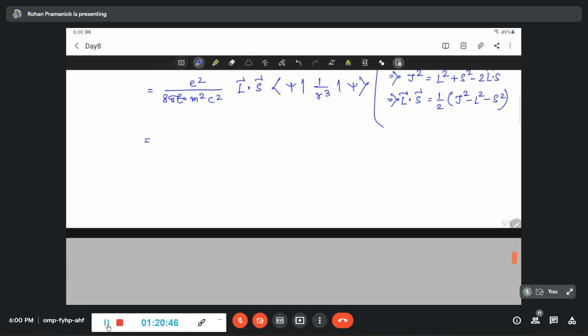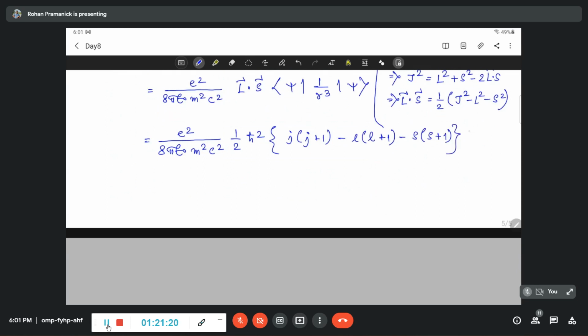So this gives you e squared by 8 pi epsilon 0 m squared c squared, there is a half, there is an h cut squared for every L squared, S squared and J squared, and this thing you have J into J plus 1 minus L into L plus 1 minus S into S plus 1, multiplied by this 1 by r cube. I will do this r cube, but let's simplify as much as we can.